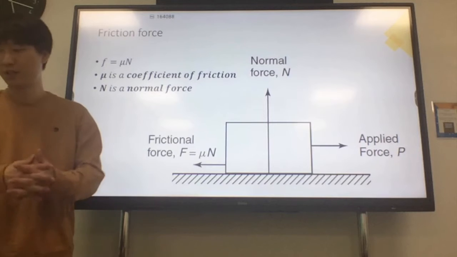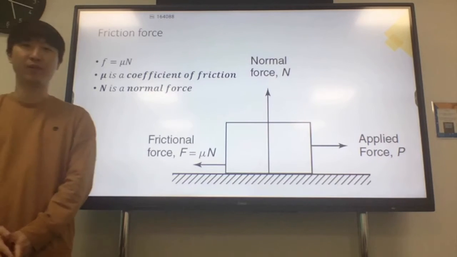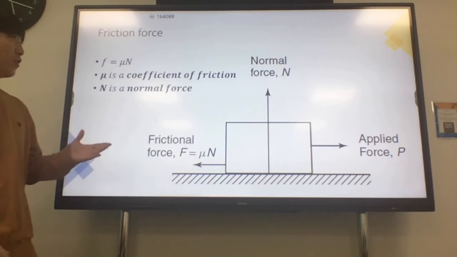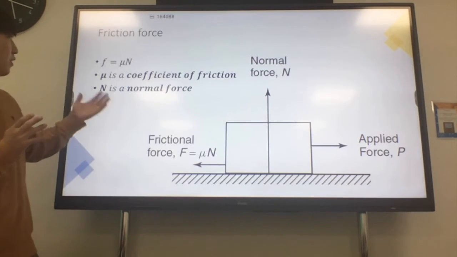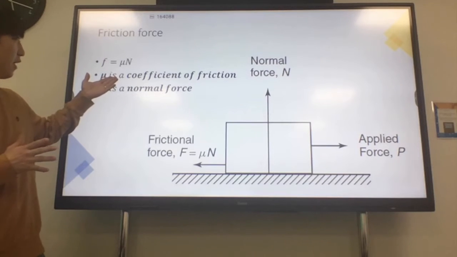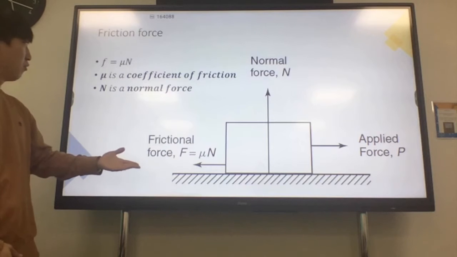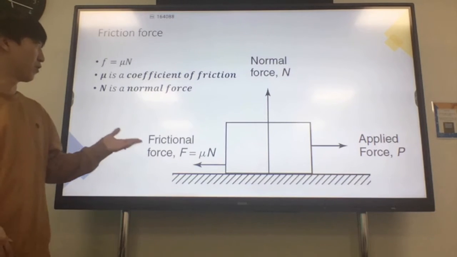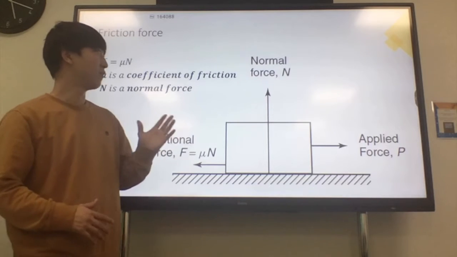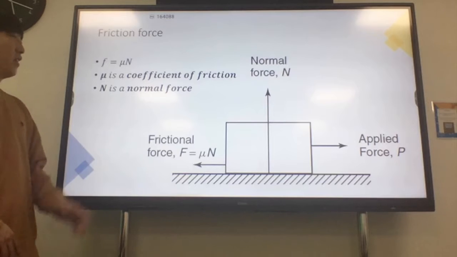And next, now let me explain friction force in a more scientific way. We can say friction force is like this: F equals mu times N, where mu is the coefficient of friction, and N is the normal force.